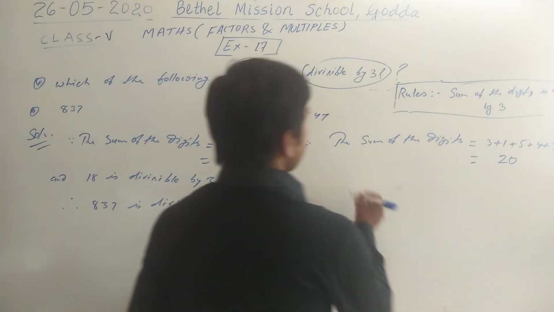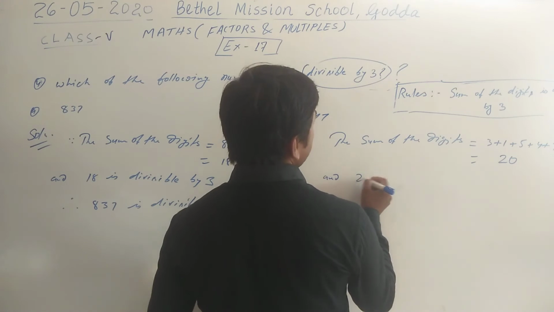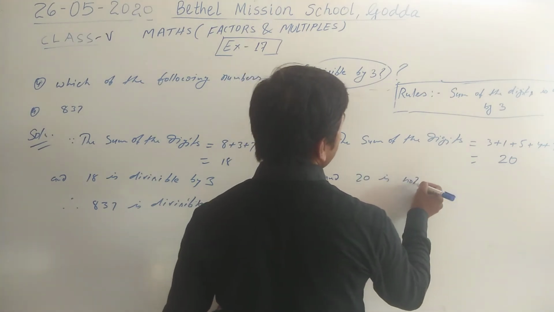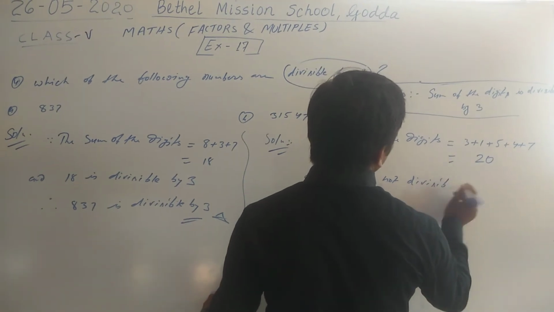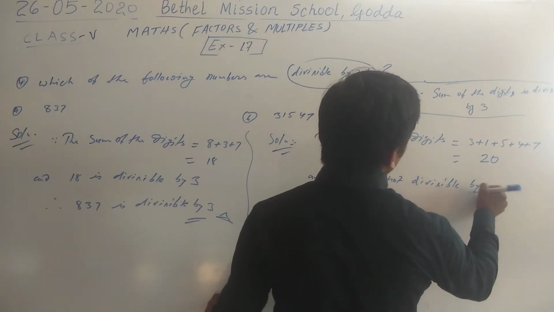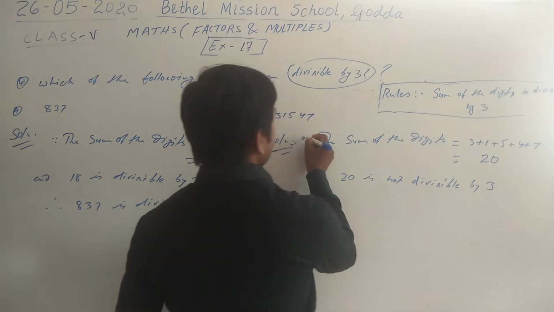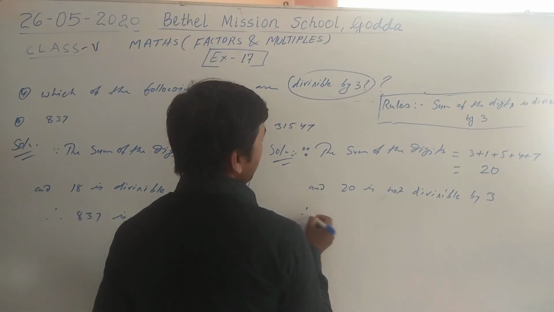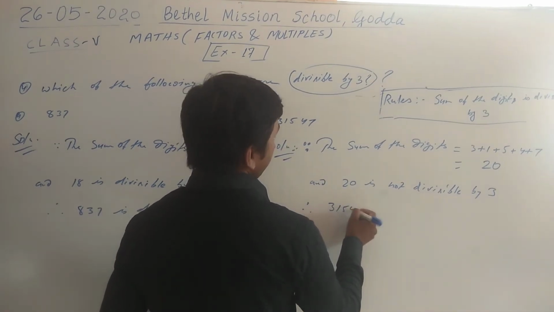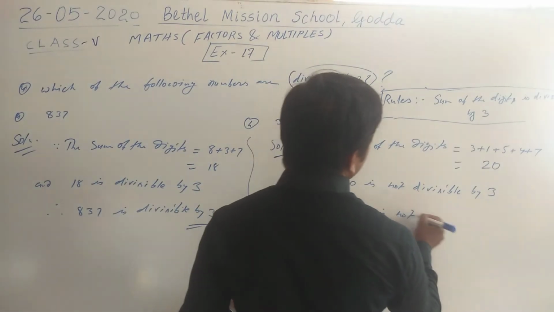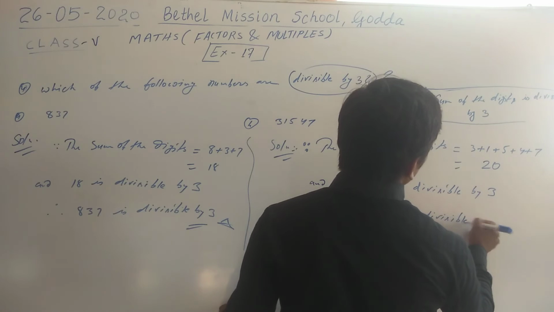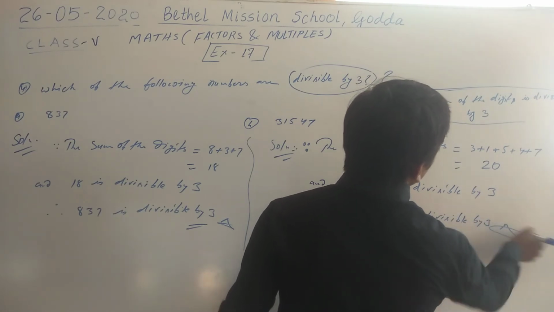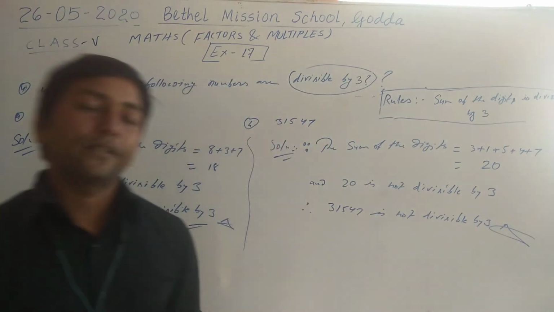And 20 is not divisible by 3, therefore the given number is not divisible by 3. This type you will solve the rest.